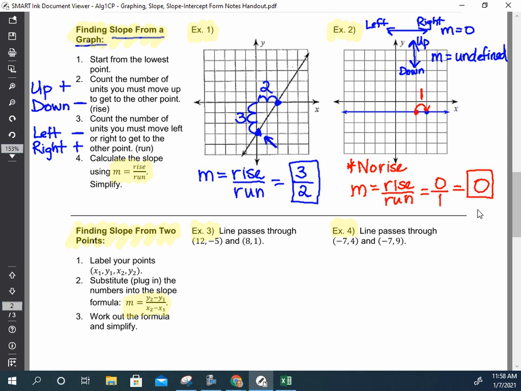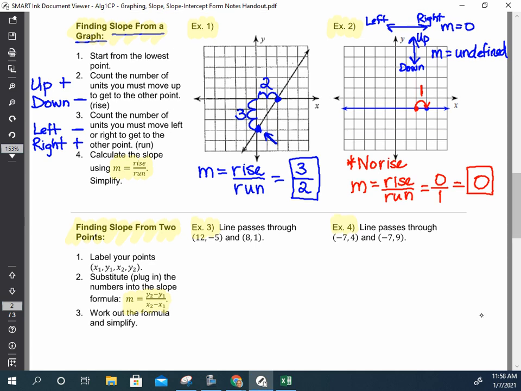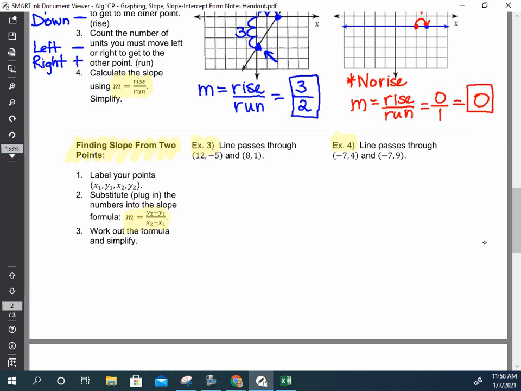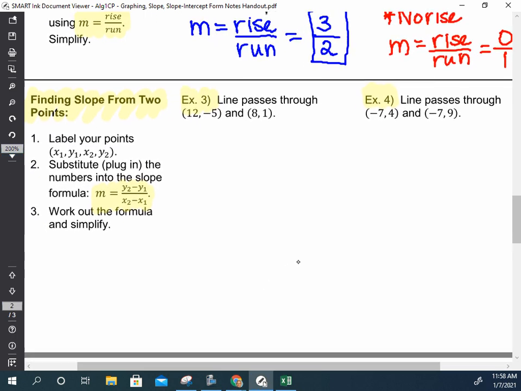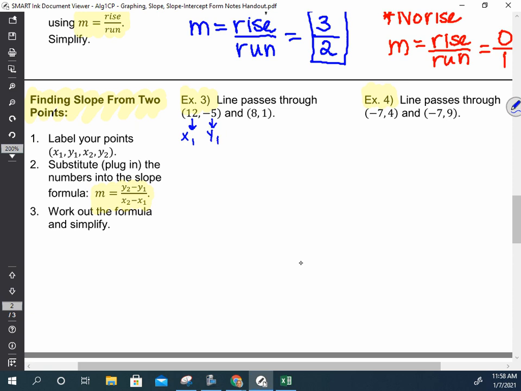So, finding the slope. So if I give you 2 points, this is how we find the slope. First step is real critical. Label the points. So the first point is x1 and y1.